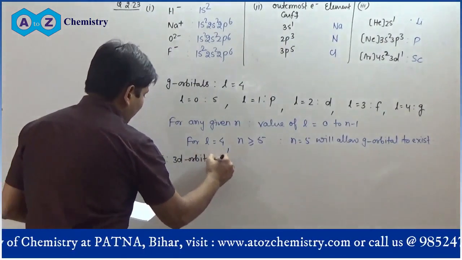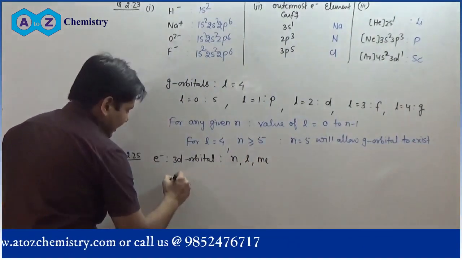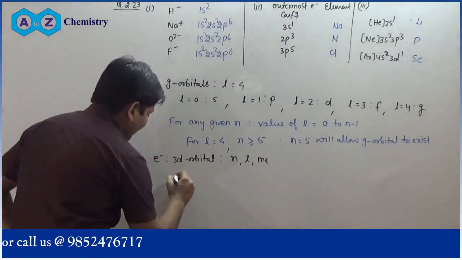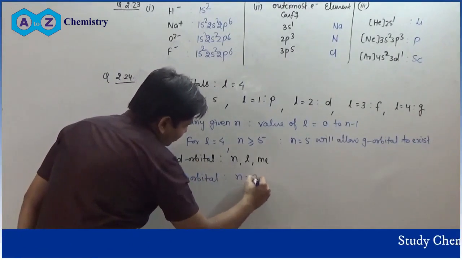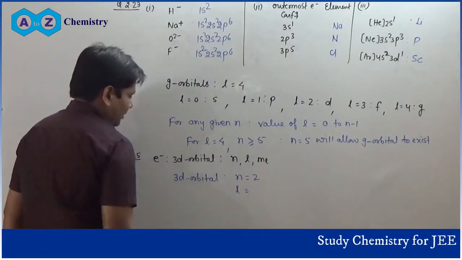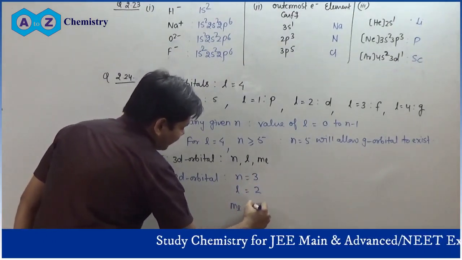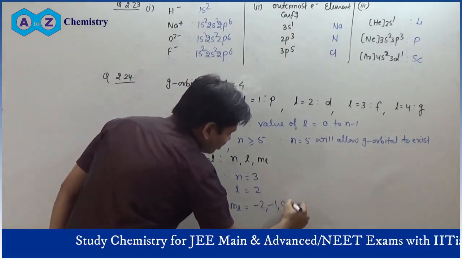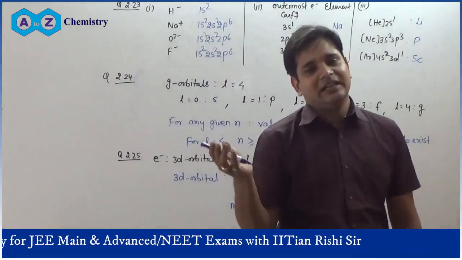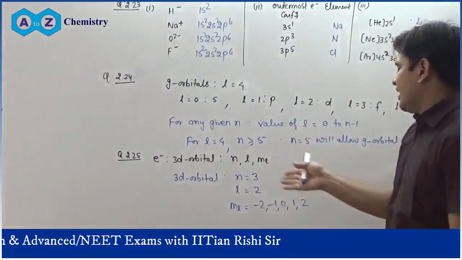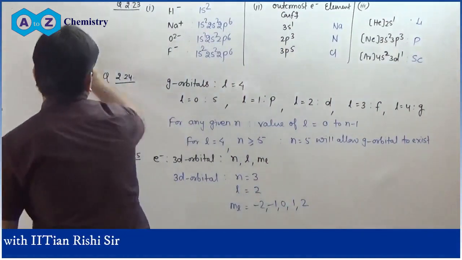Give the possible values of n, l and ml for the electron. 3d orbital means n value is 3, l value is 2, and ml value can be anything from -2, -1, 0, 1 and 2. There are 5 3d orbitals. If the electron is present in any one of the 3d orbitals, then ml values of those orbitals can be from -2 to +2, anything.